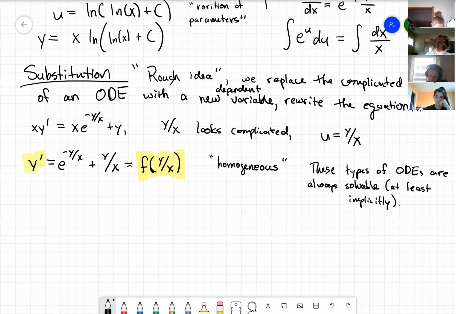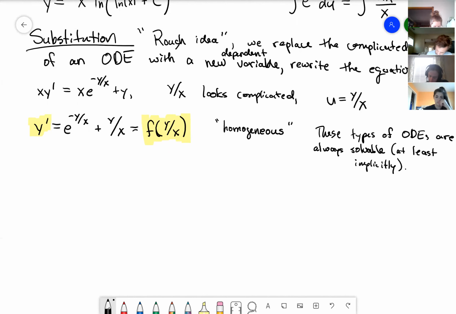And why is that? Because if we go back and look at our choice of substitution here, then we can rewrite this as y is equal to ux, and taking the derivative on both sides, we get y prime is equal to u prime x plus u x prime, which is just 1. Okay.